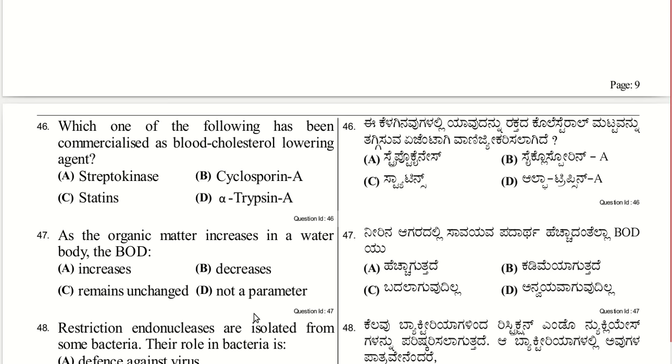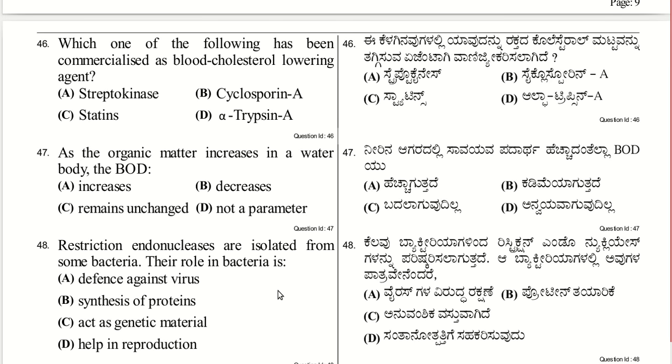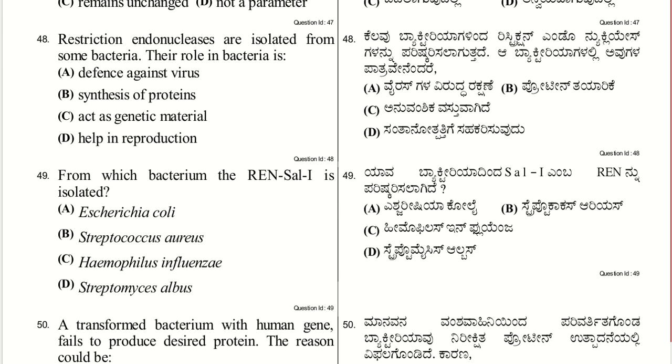Restriction endonucleases are isolated from some bacteria. Their role in bacteria is defense against viruses. So restriction endonucleases role in bacteria is defense against virus. 49, from which bacterium the restriction endonuclease SalI is isolated?